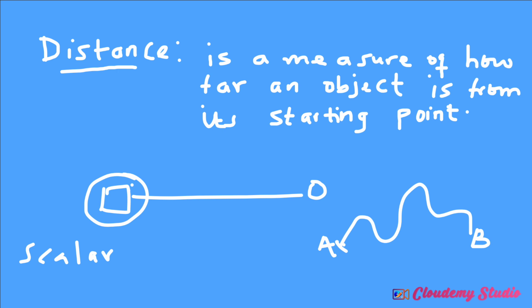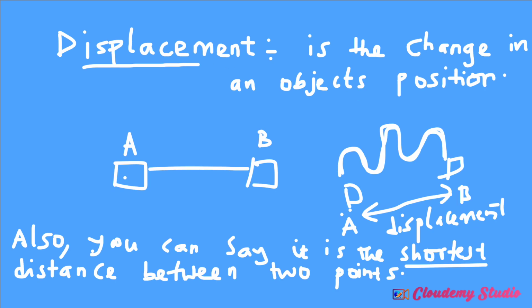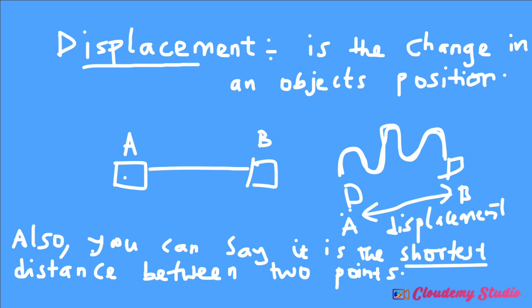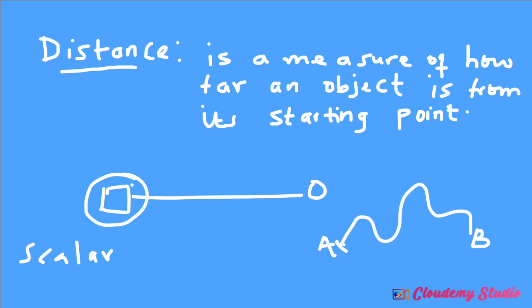But displacement is a vector quantity. Don't forget, scalar quantities have magnitude but no direction. Vector quantities have both magnitude and direction. Magnitude means size, that is number. So vectors have both number and direction. Distance just has a number, but no direction.